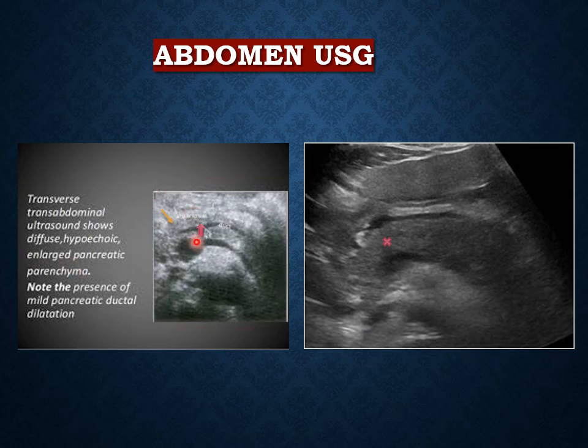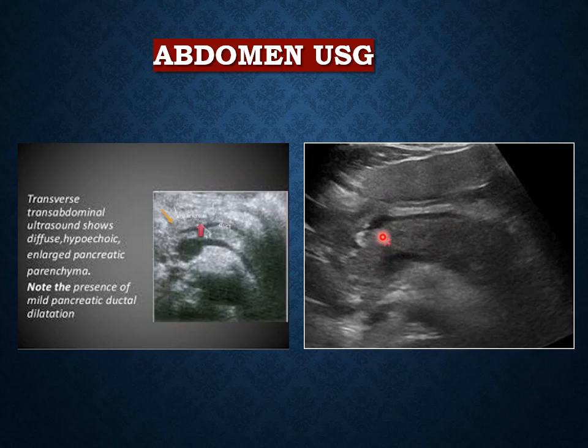This is an abdominal ultrasound, and this shows you the enlarged pancreas here. In the middle runs the pancreatic duct, which is also dilated. The red arrow shows here. Here again, a huge pancreas.